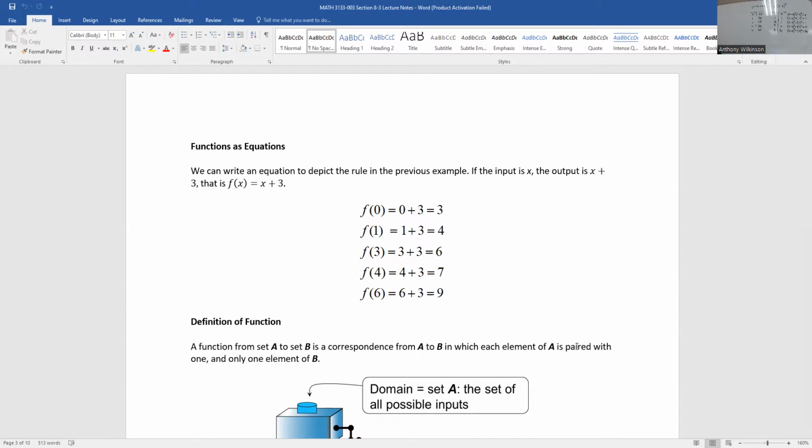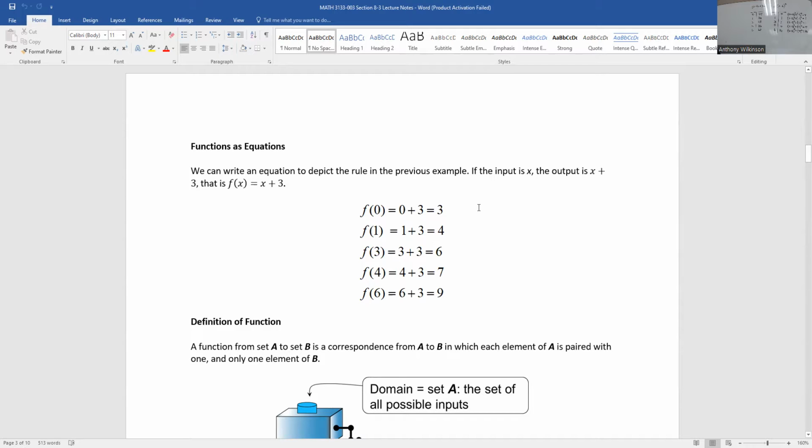So if the input is x, the output would be something like x plus 3. That is, we can write it as f of x is equal to x plus 3. So as you can see, for f of 0, that means you take what's inside the parentheses, substitute it in for x, and simplify.